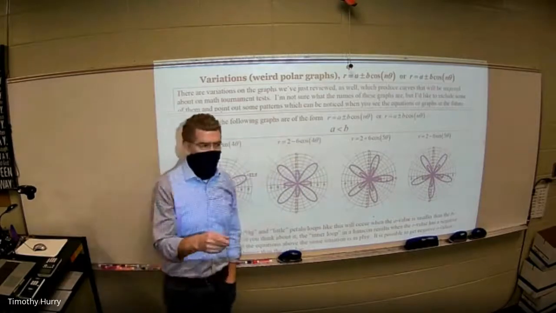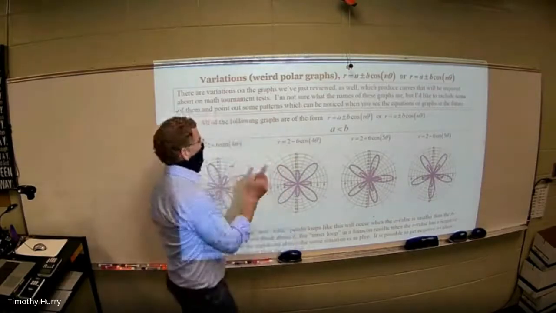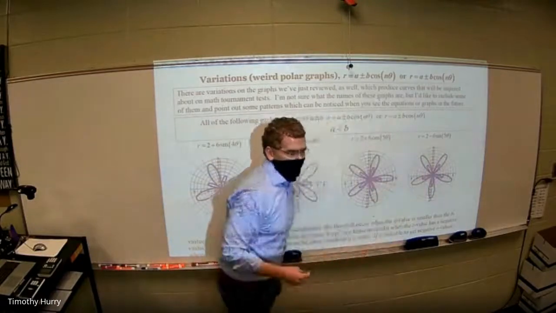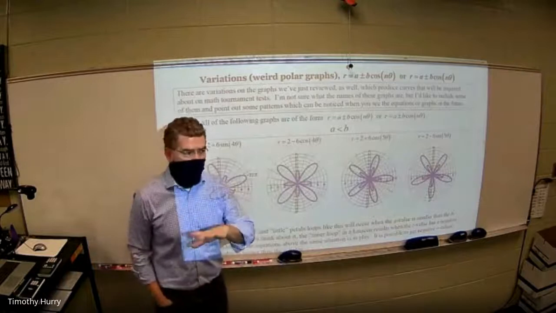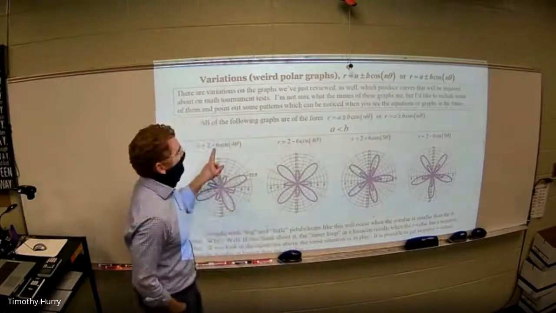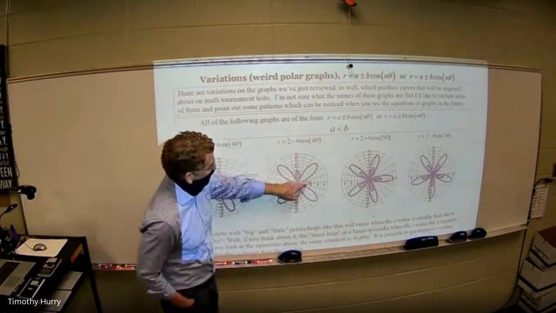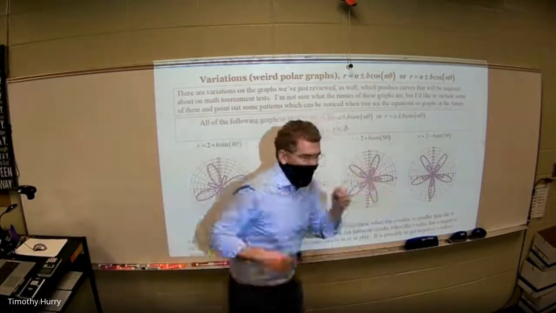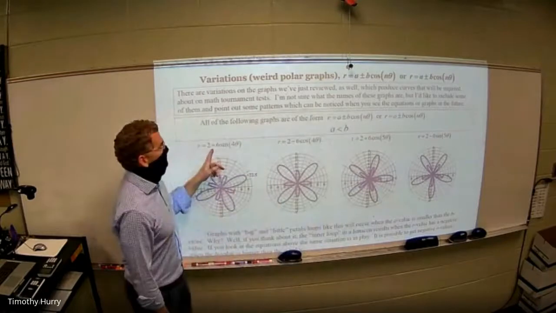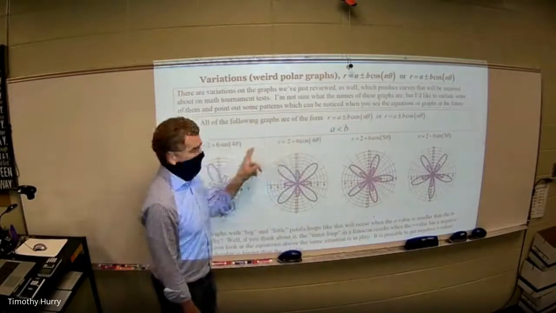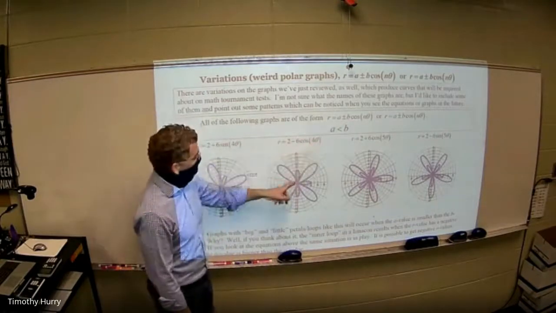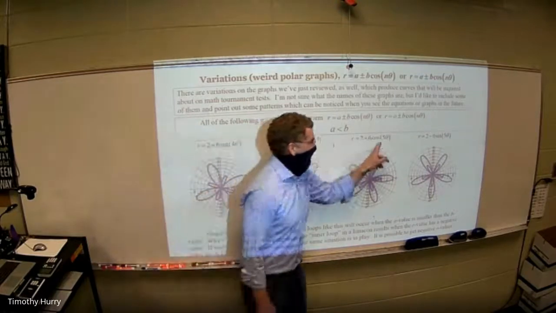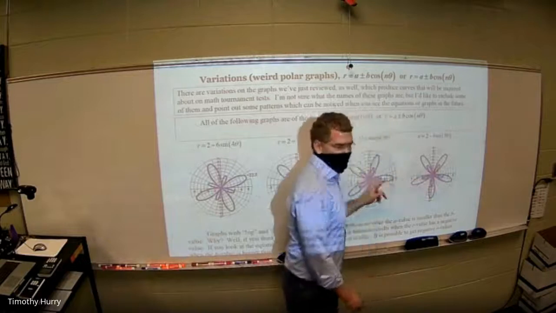I was talking with my 7th period, and I think on your notes it says sine, sine, and then cosine, cosine. I changed it up a little bit so that you don't fall into the assumption that sine, sine has the small petals in between, and cosines have the petal on the inside. It's not that. It is for even numbers with theta the petals are not in the same location, and odd numbers have the petals in the same location.